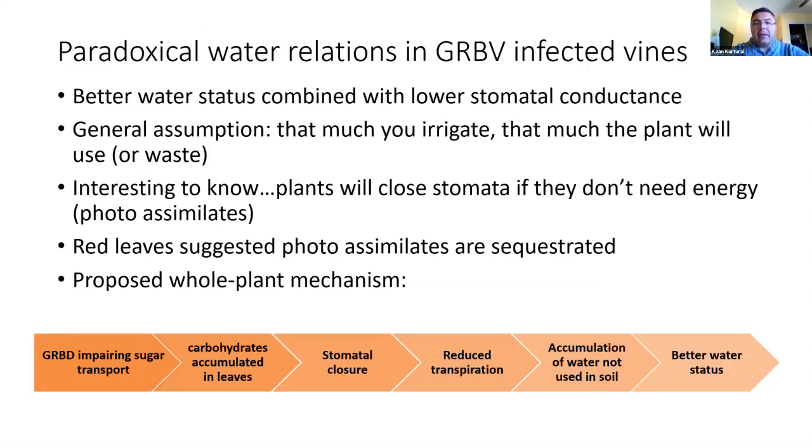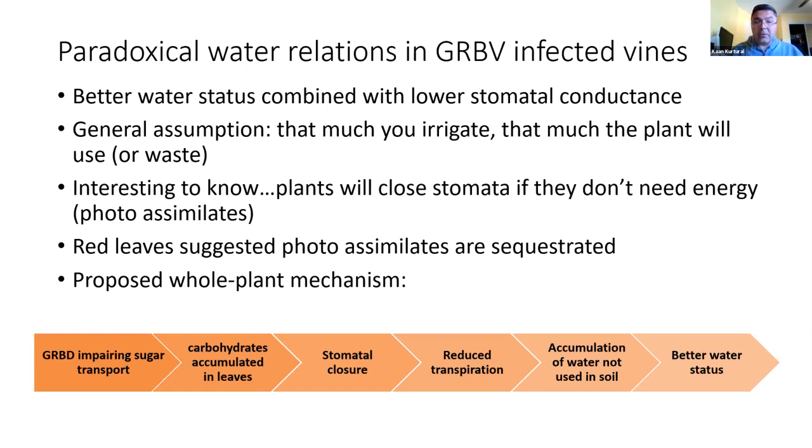What we know about red blotch infected grapevines is that we have paradoxical water relations. This better water status was combined with a lower stomatal conductance. Our general assumption has been that we irrigate this much, and the plant will take up this much, or some of it will not be taken up. It'll roll off the vineyard floor, or it'll evaporate.